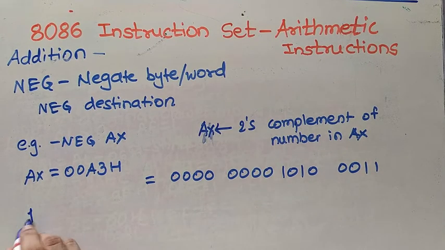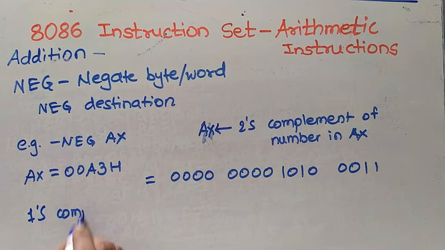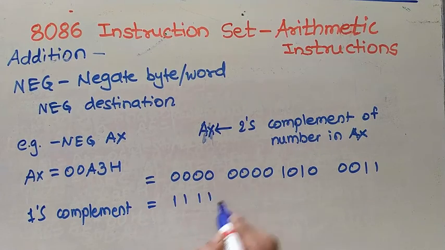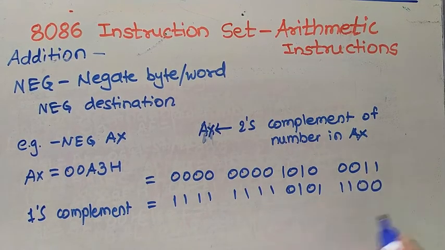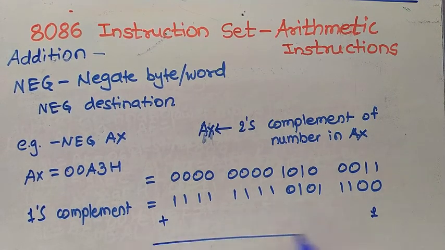So 1's complement of this will be 1111 1111 0101 1100, and for taking 2's complement, 1 will be added to this 1's complement and we'll get the 2's complement here.